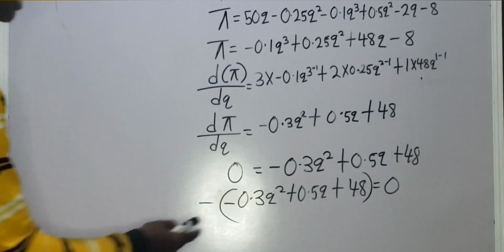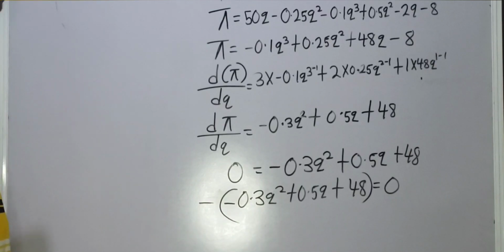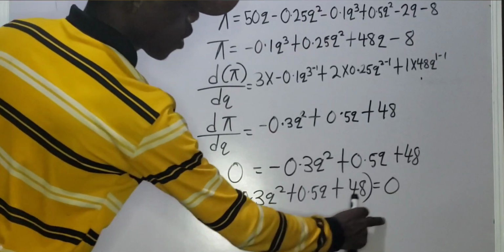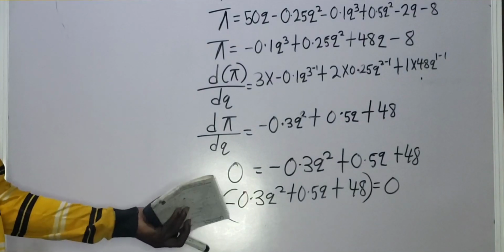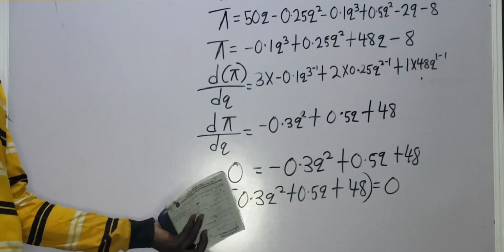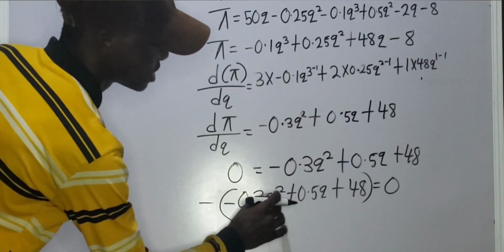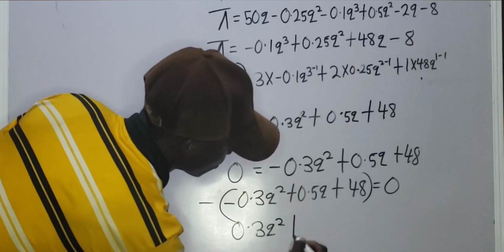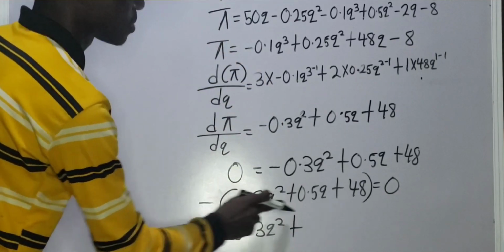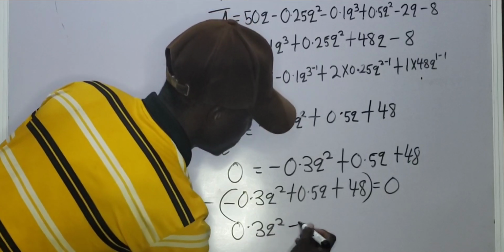Since I have a negative sign in front of the coefficient of q squared, I have to multiply the whole function by negative so that I can eliminate this negative sign. You understand? So for this, I'm going to have negative times negative 0.3q squared, so I'm going to have 0.3q squared, plus negative times positive 0.5q, so I'm going to have negative 0.5q.